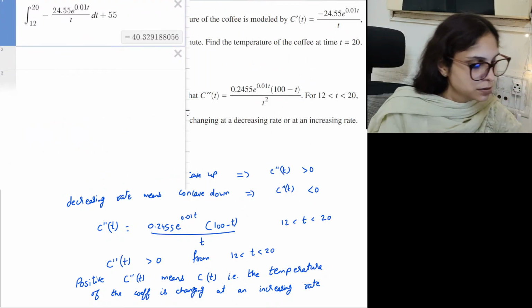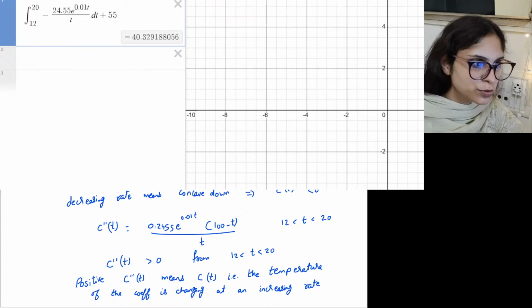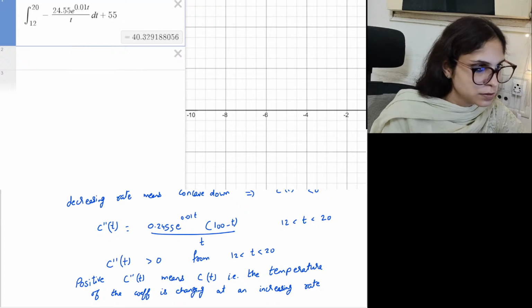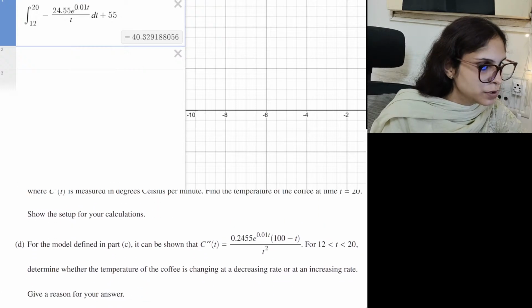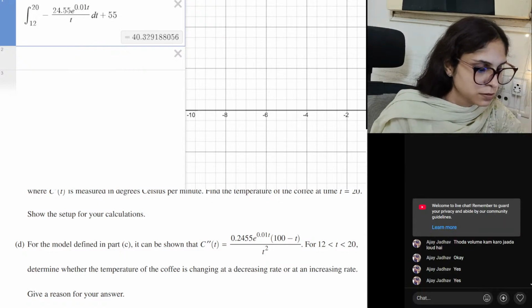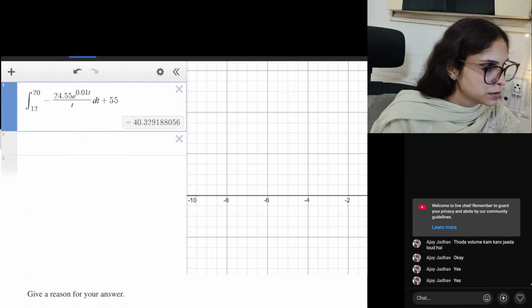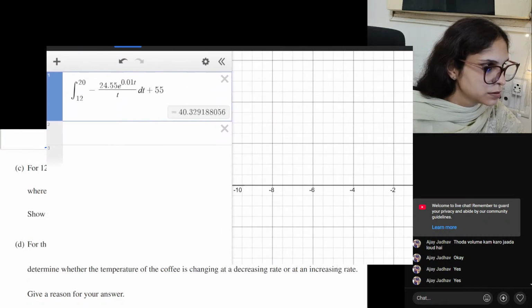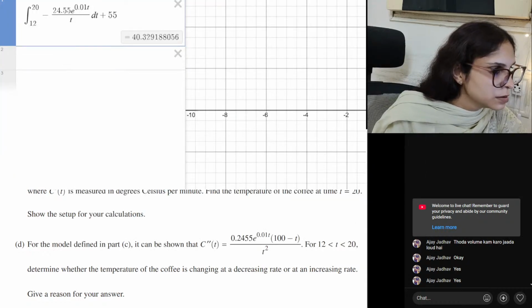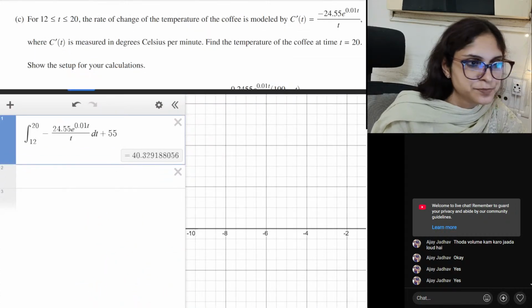And for this part, I will be using the full extent of it because I also want to see the graph. And I think I can use it over here.